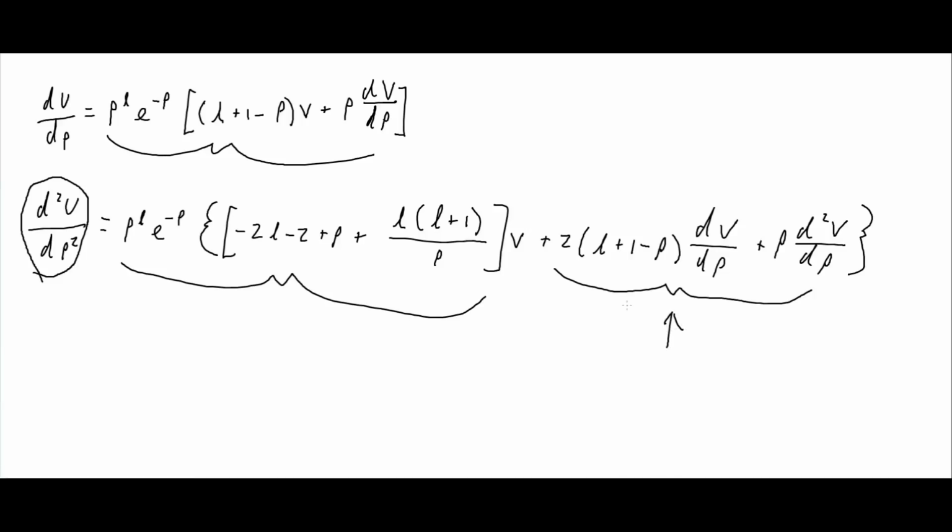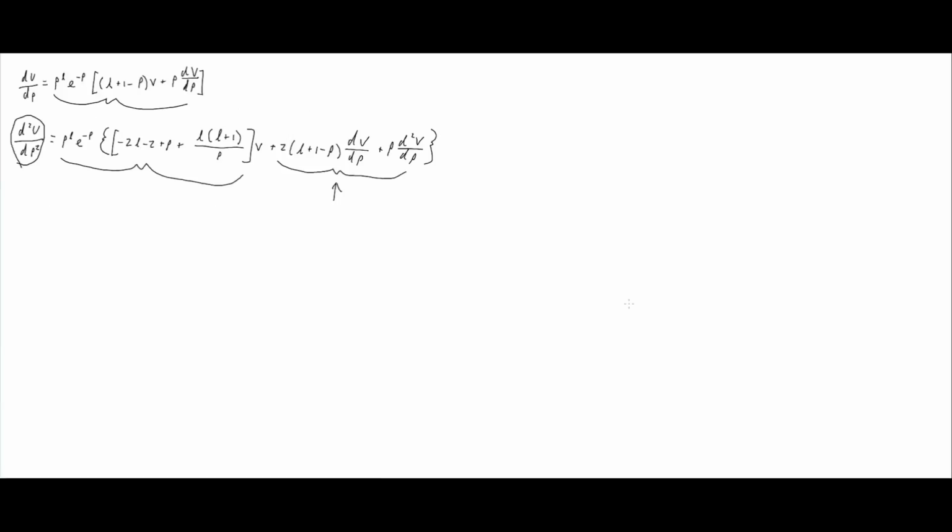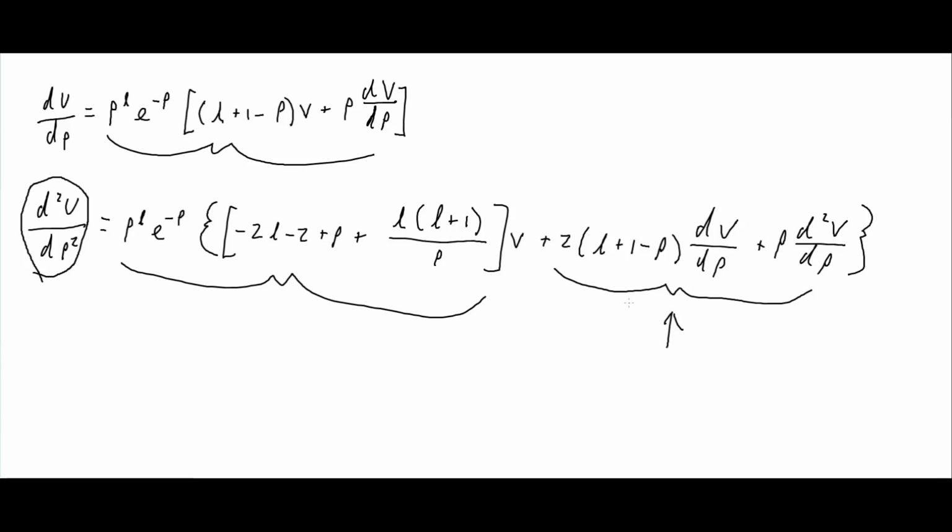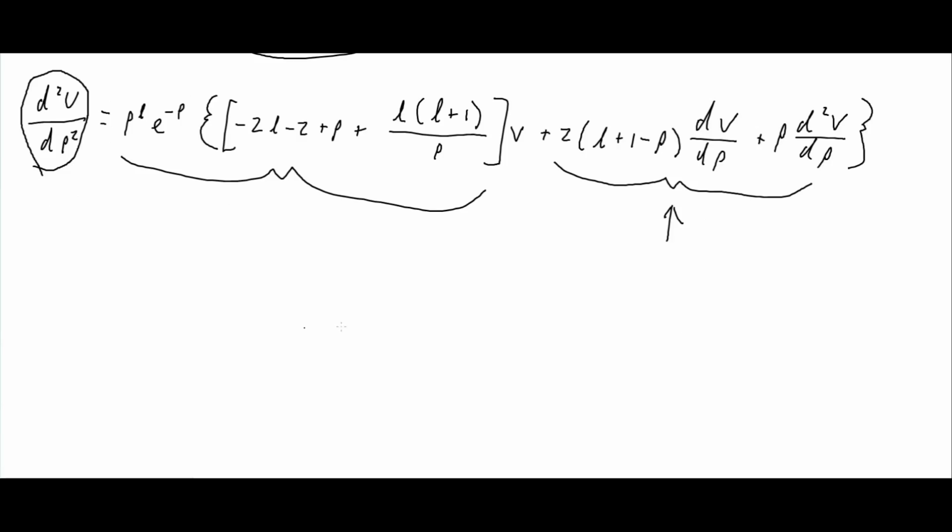So just for the sake of not having to write all of that down, I'm going to ignore that part for a moment. And so we're going to take that equation from above. So that's the 1 minus rho naught over rho plus the L times L plus 1 over rho squared. And we're going to set that equal to this up here.